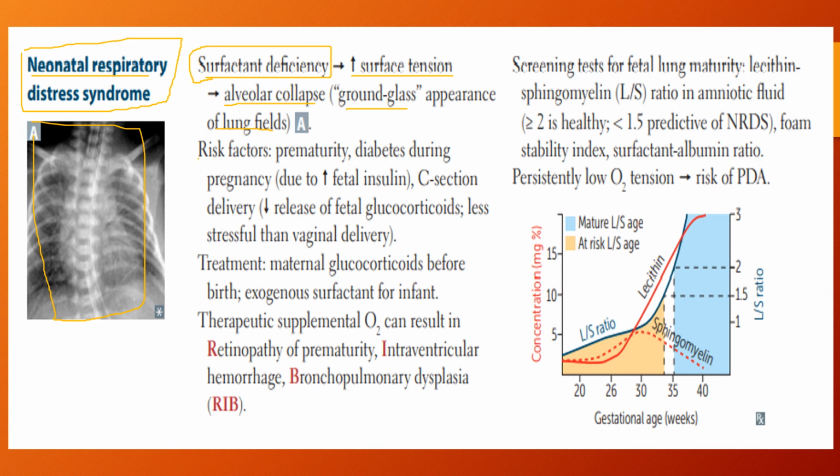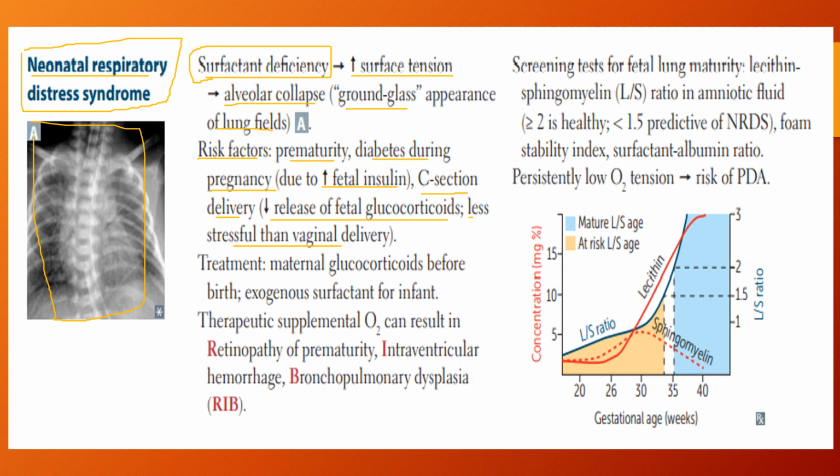The risk factors for this syndrome are prematurity, diabetes during pregnancy, which increases fetal insulin, and C-section delivery, which decreases the release of fetal glucocorticoids, very important for surfactant development, as it is less stressful than vaginal delivery.